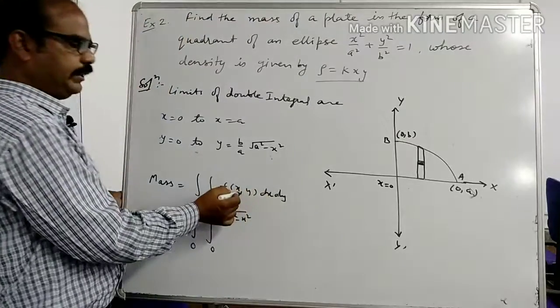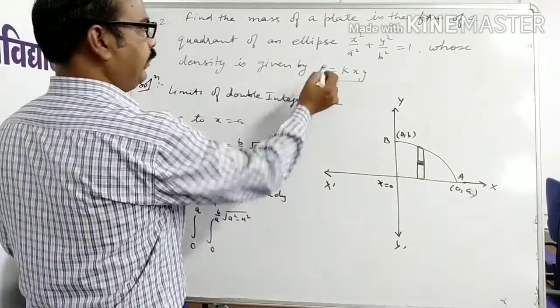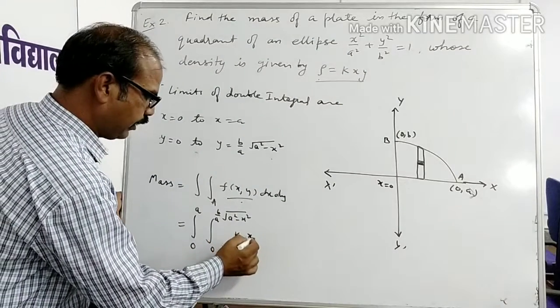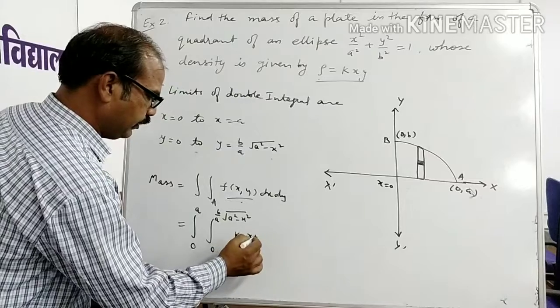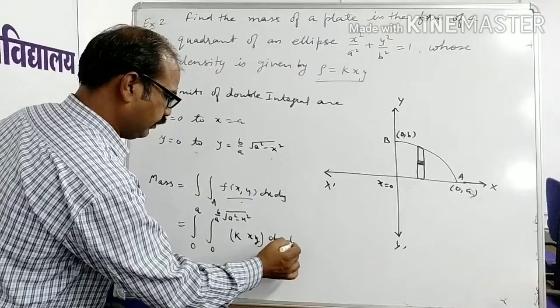This f of xy is the density, and the density is given by the formula kxy. So we will substitute the value of f of xy, it is kxy dx dy.